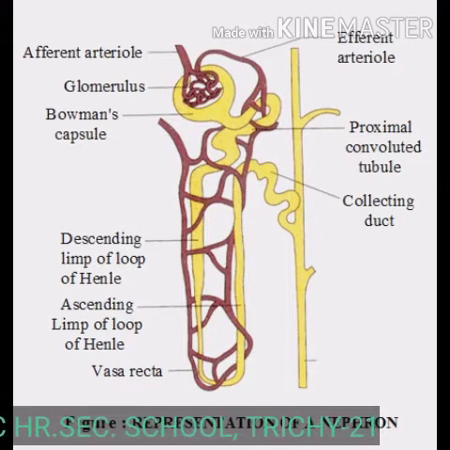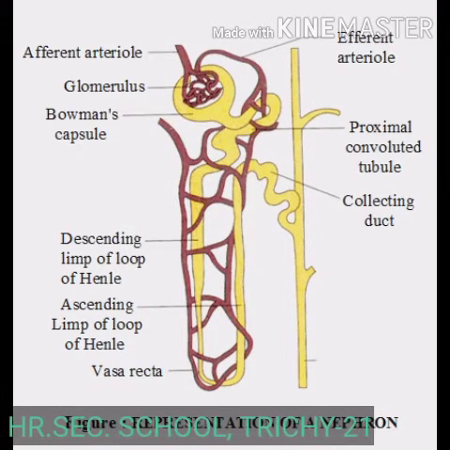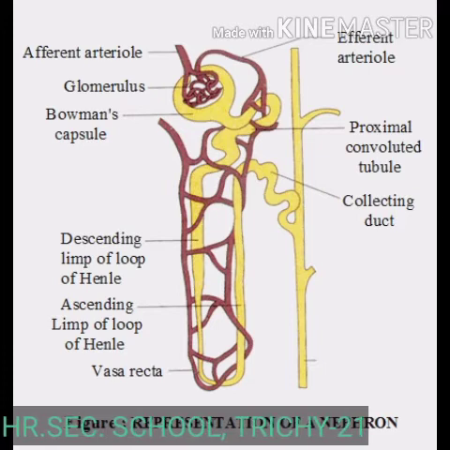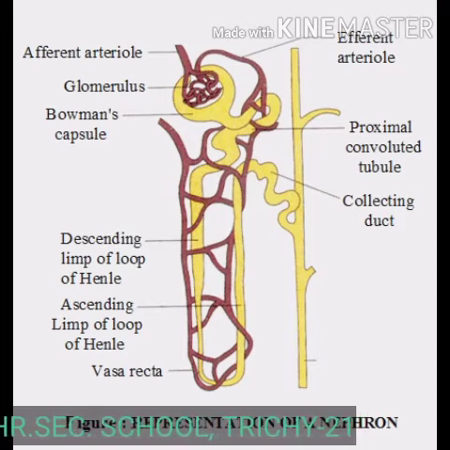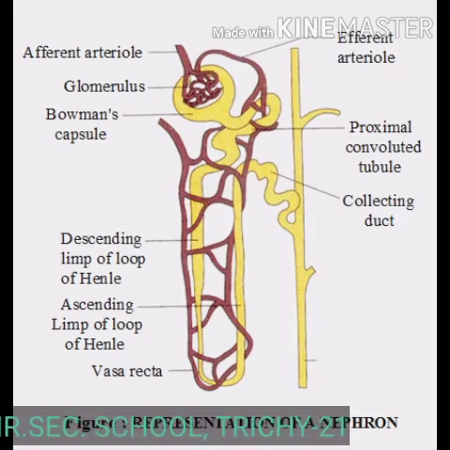Structure of a nephron. Each kidney consists of more than 1 million nephrons. Nephrons are the uriniferous tubules, the structural and functional units of the kidney.